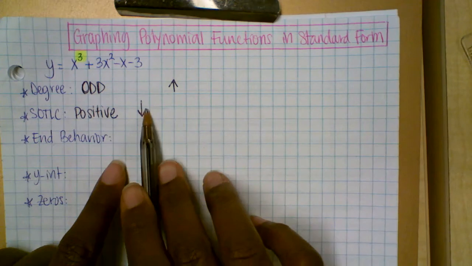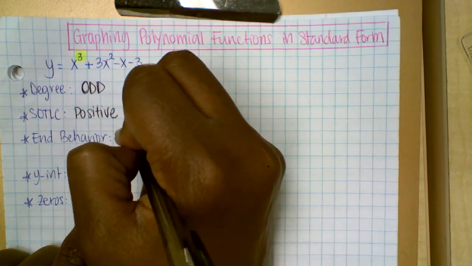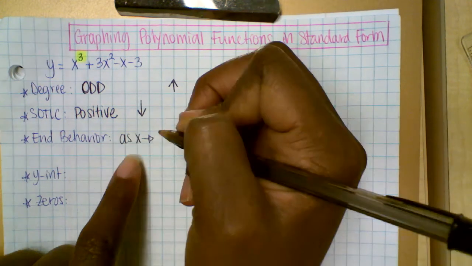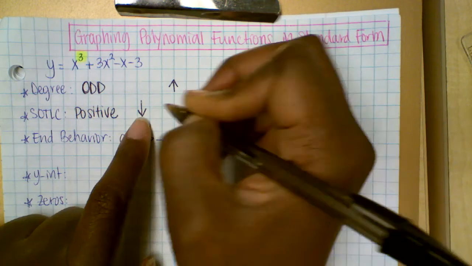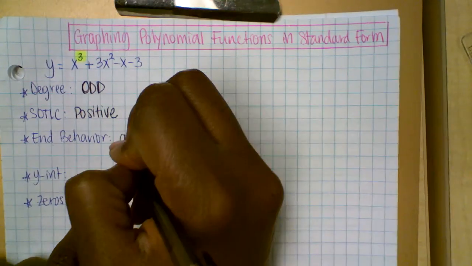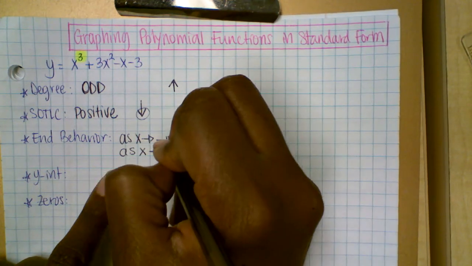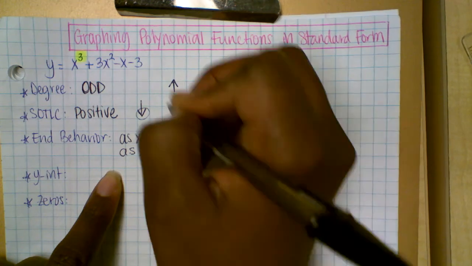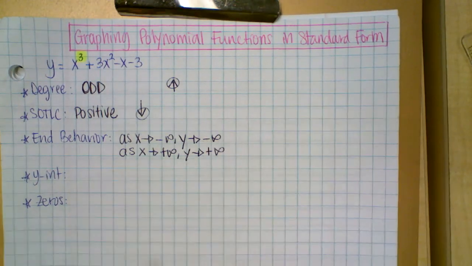As the x value approaches negative infinity, the y value approaches, the arrow is pointing down, so negative infinity. On the right side, as x approaches positive infinity, the y value approaches, the arrow is pointing up, so positive infinity.